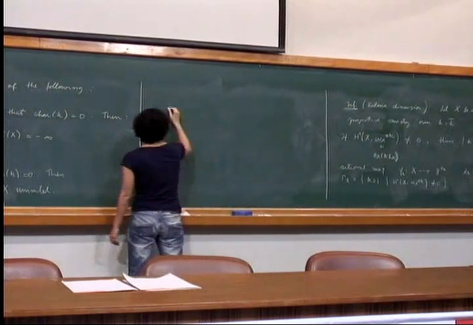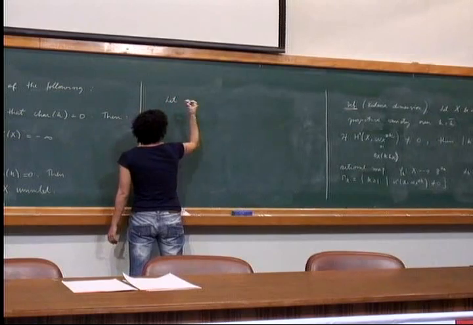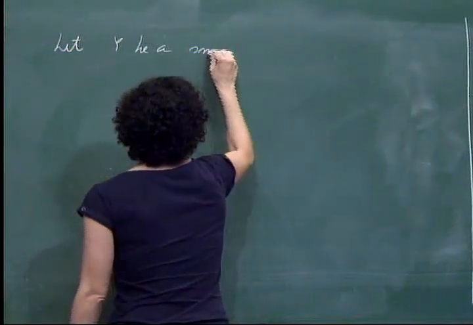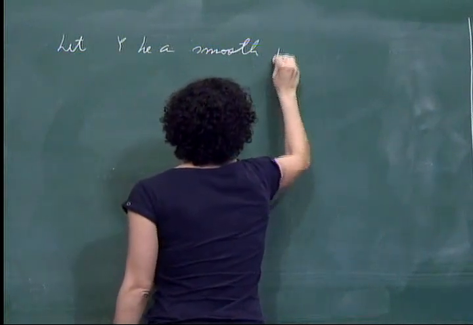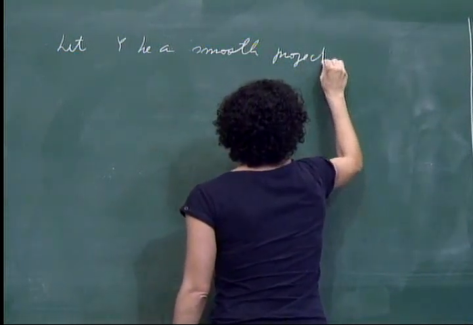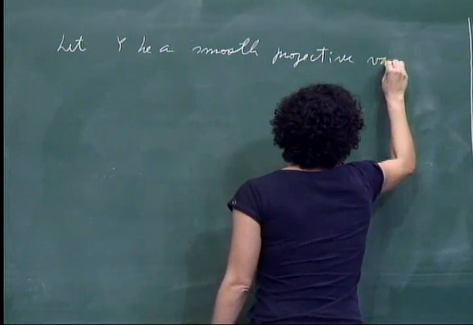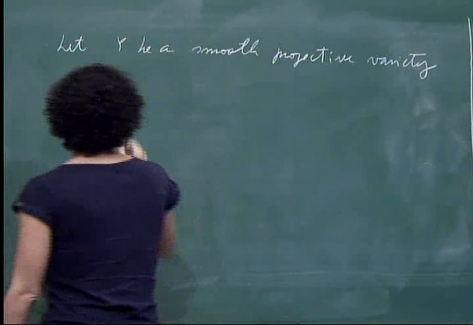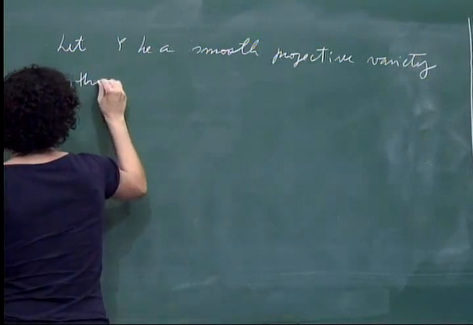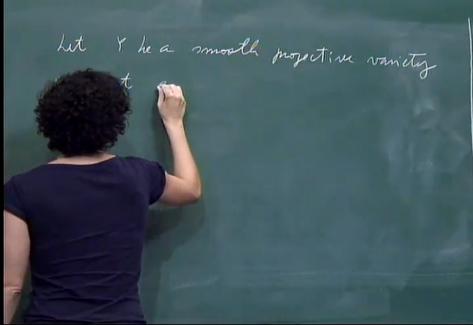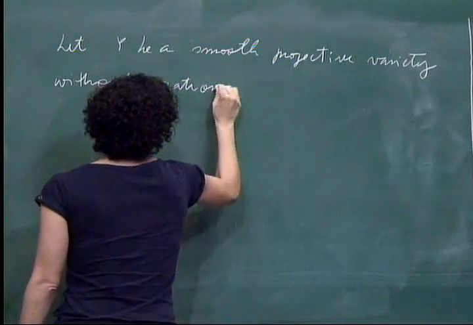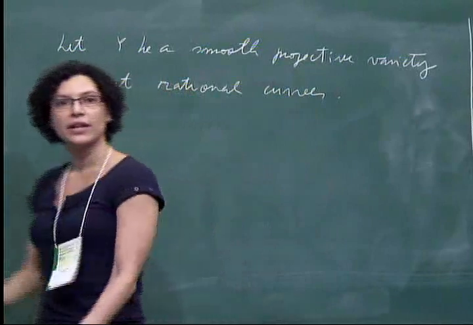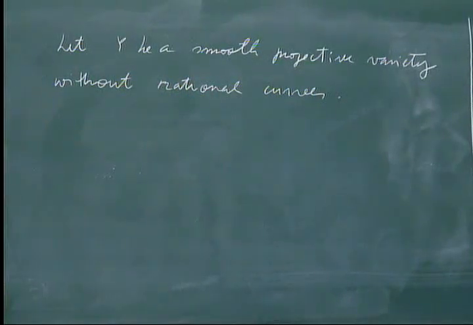Let Y be a smooth projective variety without rational curves, for instance, you can take an abelian variety.